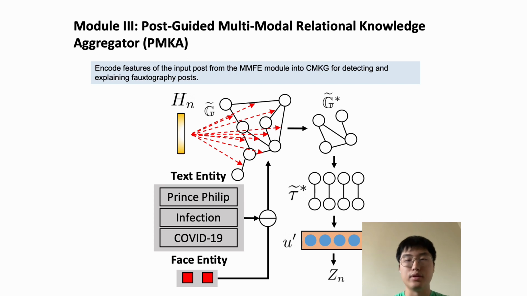The subset contains the relevant entities, the same text entities and image objects compared to the Fauxtography post. Finally, we convert the subset graph to a set of knowledge facts. Each knowledge fact will be computed an attention score. All the knowledge facts will be integrated together to get a single feature for this Fauxtography post.